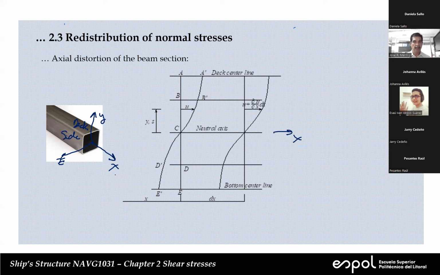So we go up from the neutral axis, along this side, and reach the top of the side, the edge, this line here, this point B. Then we go along this region, which is the deck or the flange, and finally we end up here at the center of the ship. Similarly for the downward.